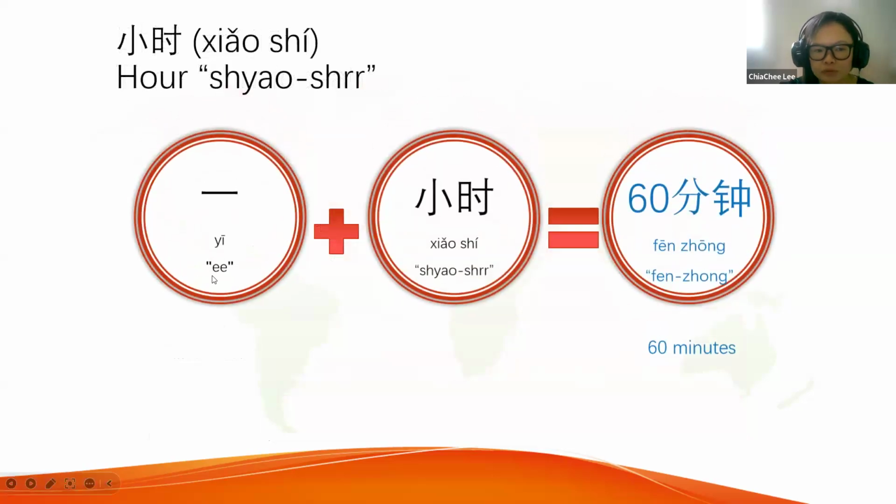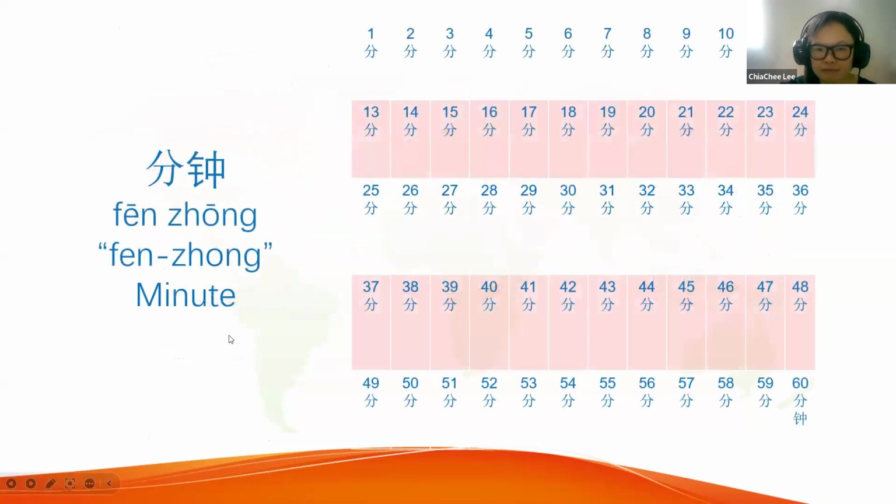Then we also have to be aware that 1小时等于60分钟. 1 hour equals 60 minutes. 60分钟, okay. 分钟 itself, when you want to say that 我学华文, 我学普通话, I learn Mandarin, 我用30分钟, we are using 30分钟 to tell people we have 30 minutes.